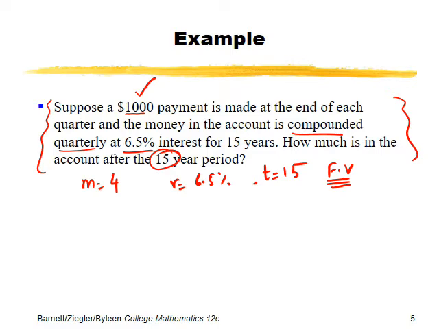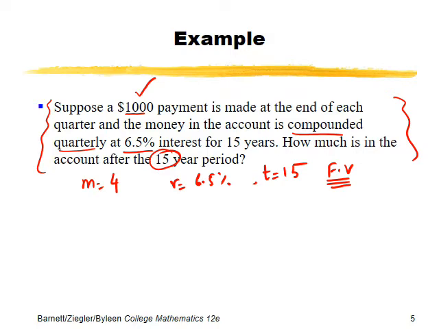Suppose a $1,000 payment is made into the account. If I remove these lines, that at the end of each quarter, then: suppose a $1,000 payment is made into the account, and it is compounded quarterly.